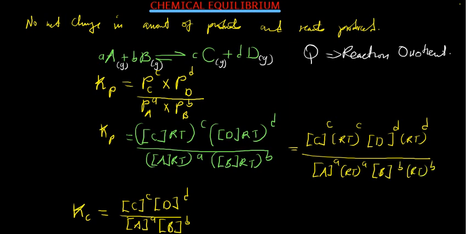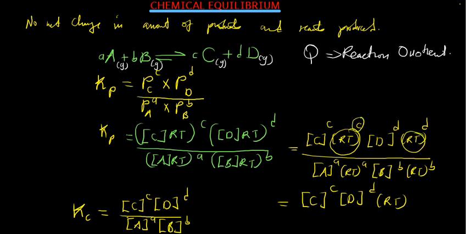And then we have got concentration of B raised to the power B, and then we have got RT raised to the power B. Well, at this point we can see that I can put the concentrations together. So we've got the concentration of C, and then we also have concentration of D raised to the power D. And then we have got RT raised to the power C, and RT raised to the power D. Now we can see that these are same bases and they are both on top, they are multiplying.